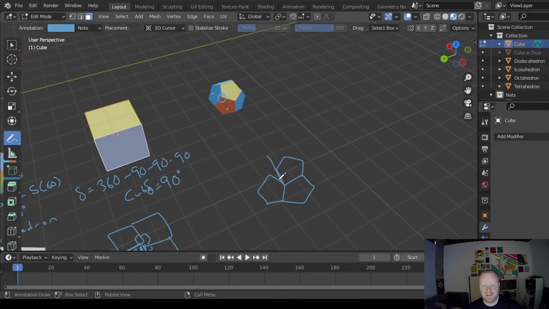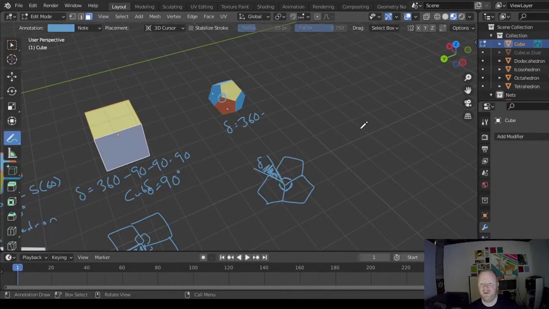This gap is actually pretty small here. So that gap, which is our spherical deviation, is going to be 360 minus, well, maybe you know what this angle is off the top of your head, maybe you don't, but this would be a good one to memorize.